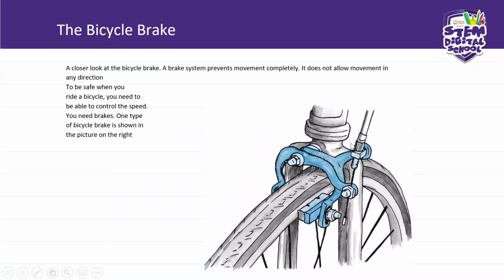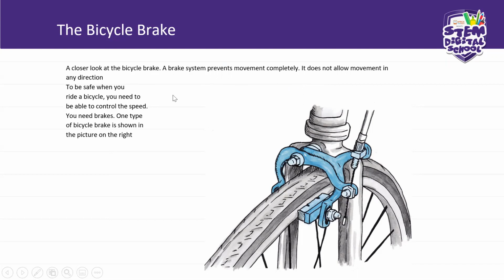A brake system prevents movement completely, because we said the output is a linear movement. So to stop that linear movement, we must apply brakes. It does not allow movement in any direction.